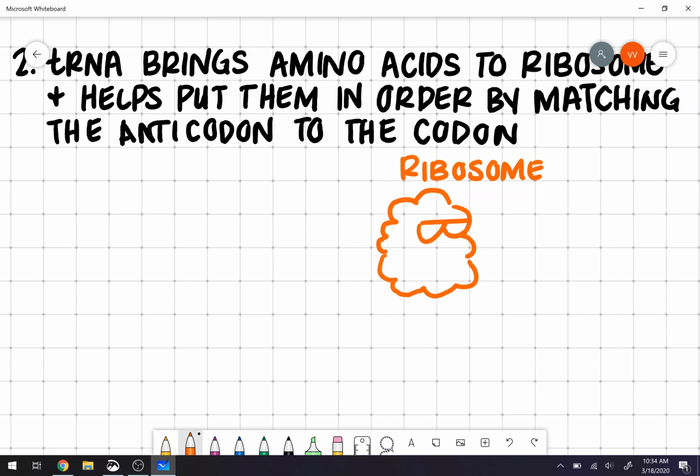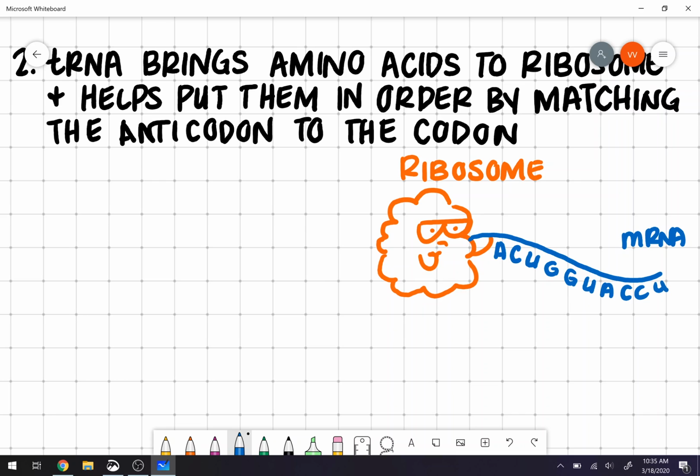Right? The ribosome kind of reads your messenger RNA code. Whatever that code is, the ribosome, along with its ribosomal RNA, is going to read the code.